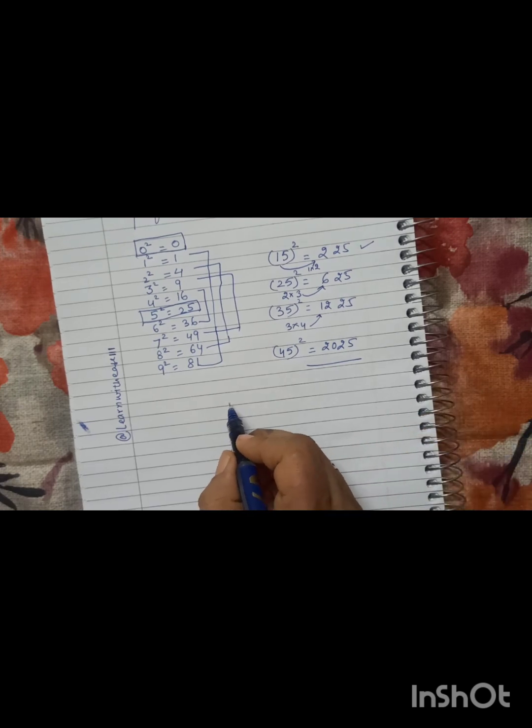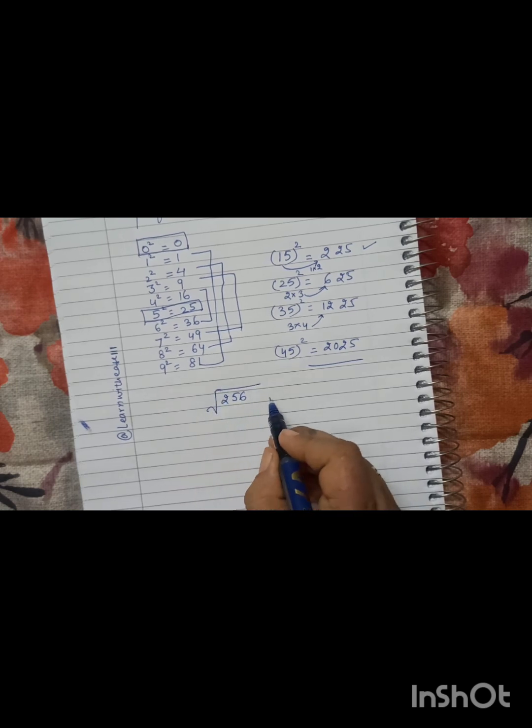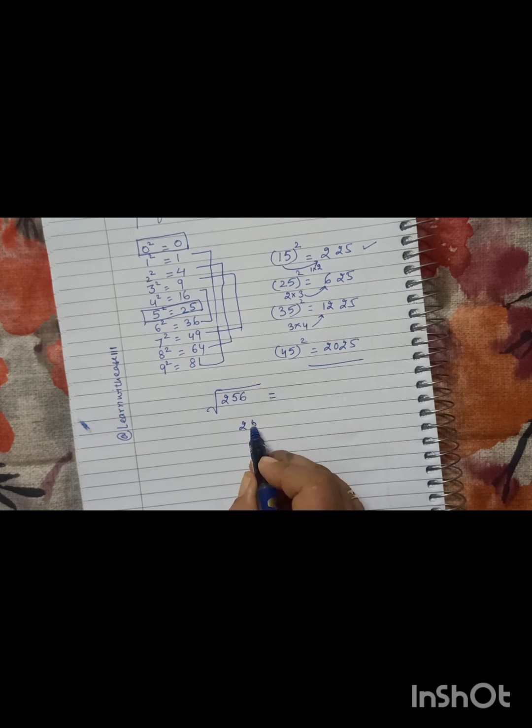Like now if you want to find out the square root of 256, the simplest I'm taking first. Suppose we need to find out this. So in the last two digits we'll check the digit at ones place. The digit at ones place is 6.